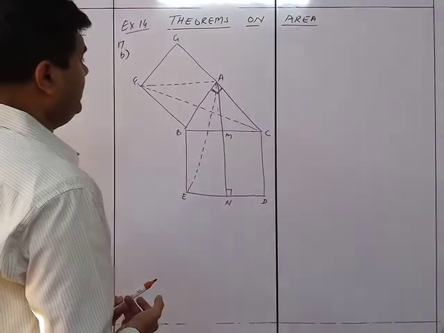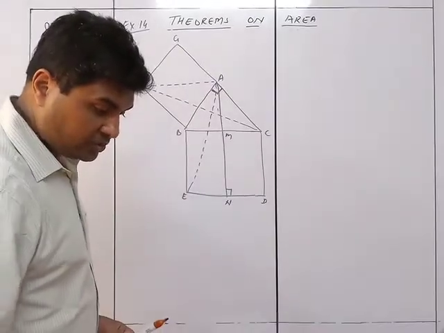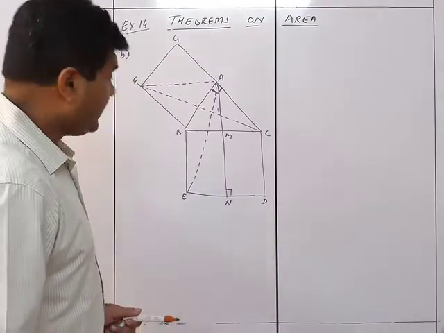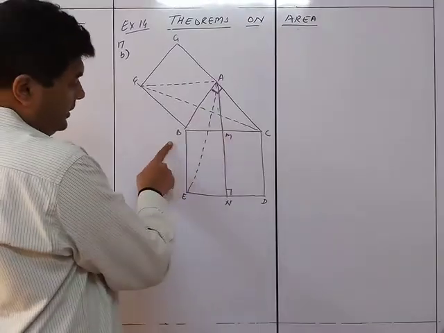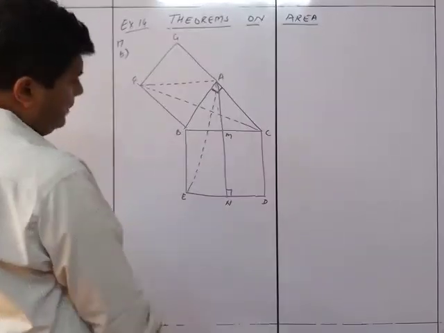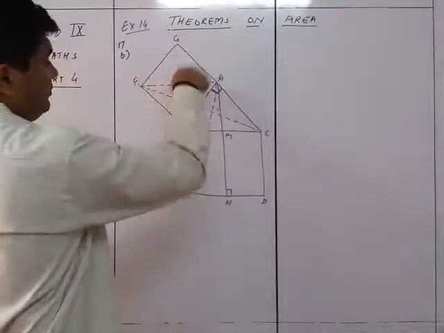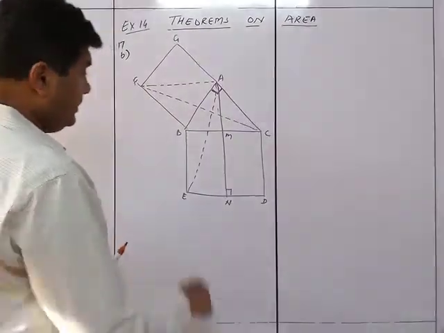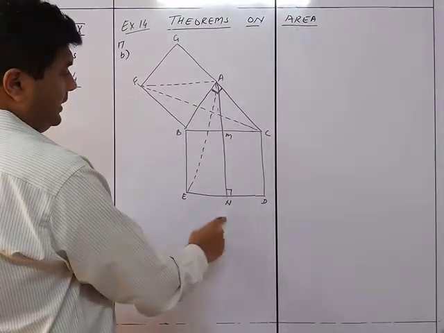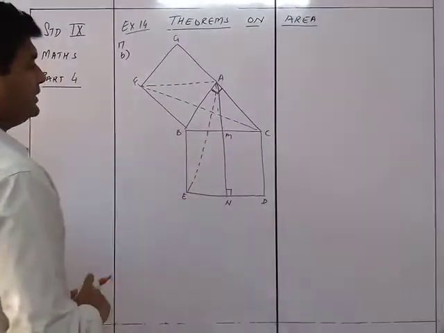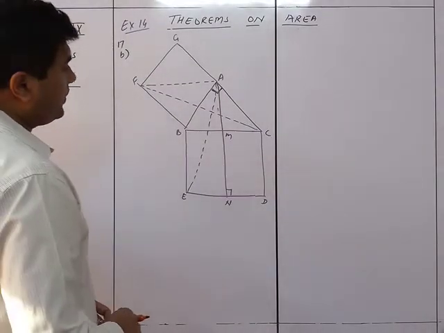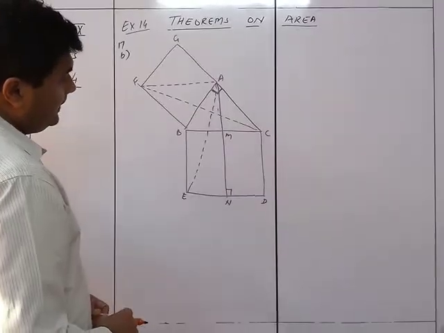Okay, BCF and ABE. And the second is area ABFG is equal to rectangle BEMN. Okay, this one. Fine, let's see what we can do about it.